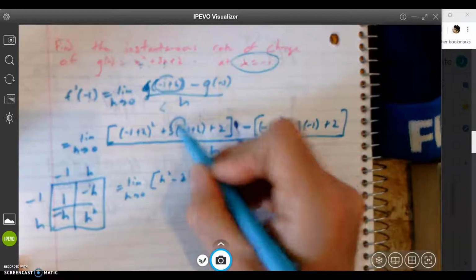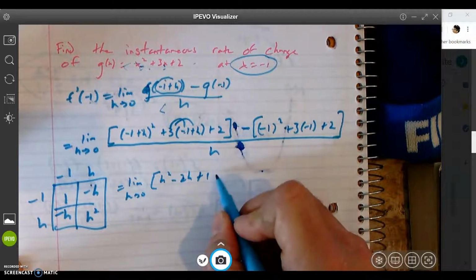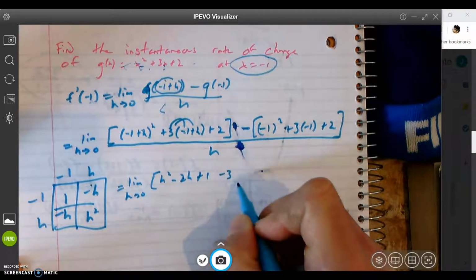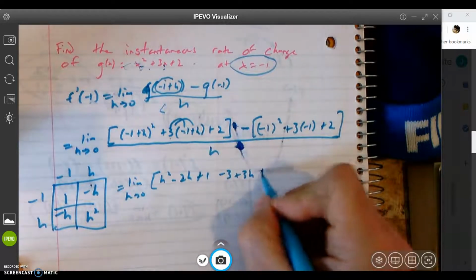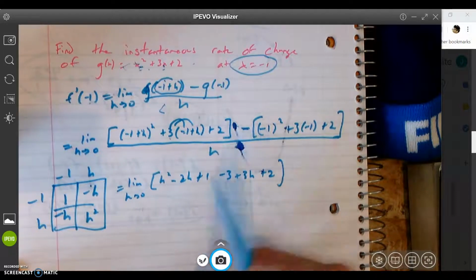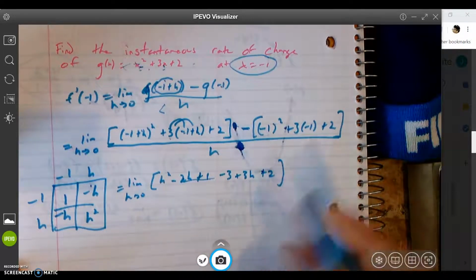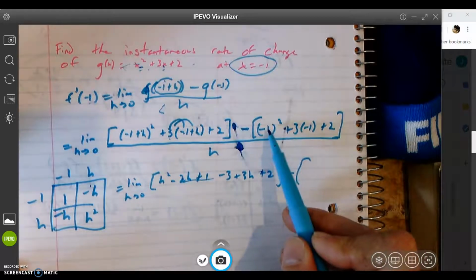Now this I'm going to distribute. 3 times negative 1 is negative 3. 3 times h is 3h, and then I got the plus 2. Bam. So I just simplified all of this to all of this. Minus, let's keep going. Negative 1 squared is 1.